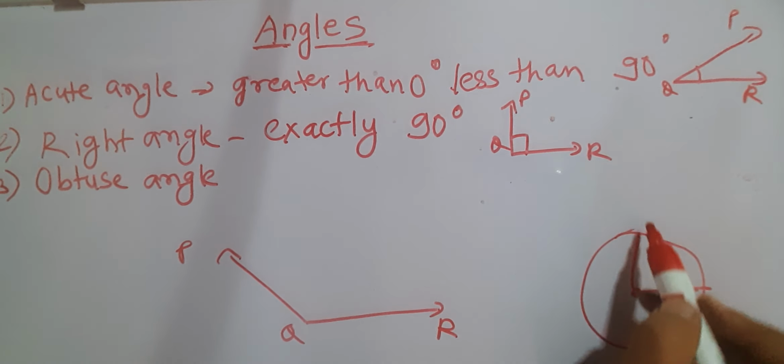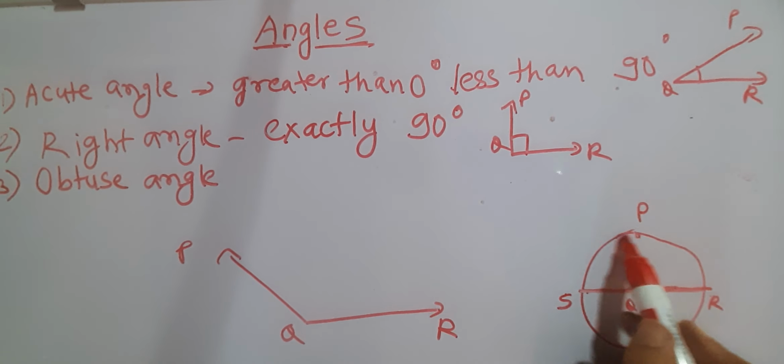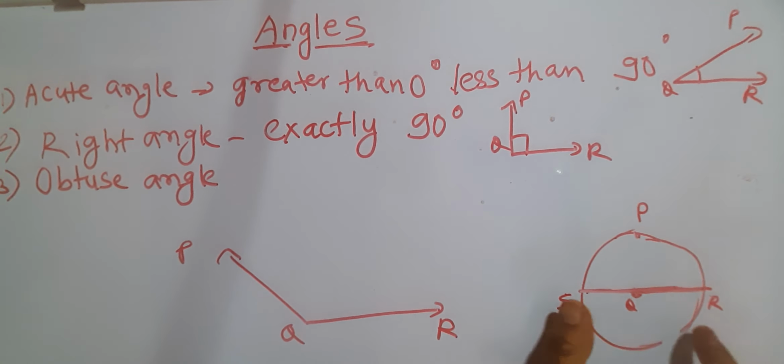If I go here, now this is 90 degrees of angle. If I cut it in half, this PQR is 180 degrees. Because the circle is always 360 degrees. If I cut it into half, it is 180 degrees.